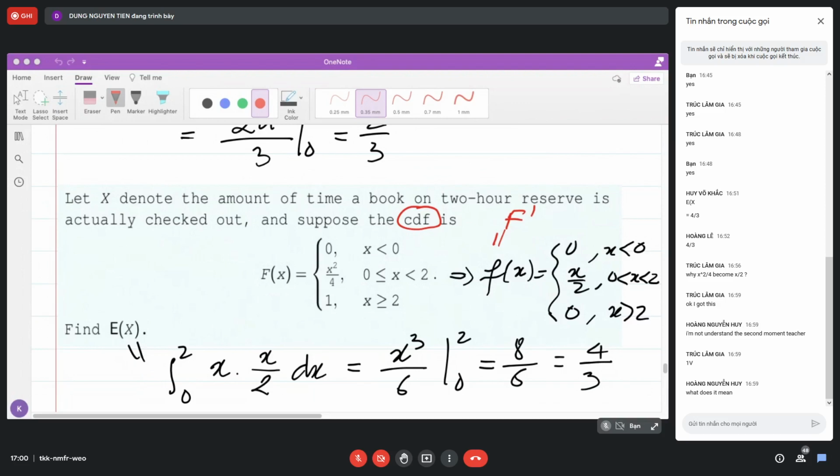The second moment, well, do you remember the moment in physics? Do you remember the concept of moments in physics? The moment is equal to the force times the distance, correct?